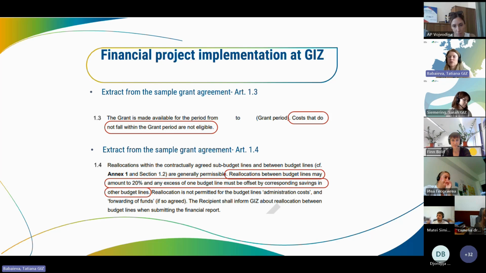It entitles you to spend up to 20% more in one budget line as long as the actual costs are reduced by the same amount in other budget lines. This can be quite useful in case that you have, for example, to cancel an event but, on the other hand, realize that you need to increase the working time of a staff member.